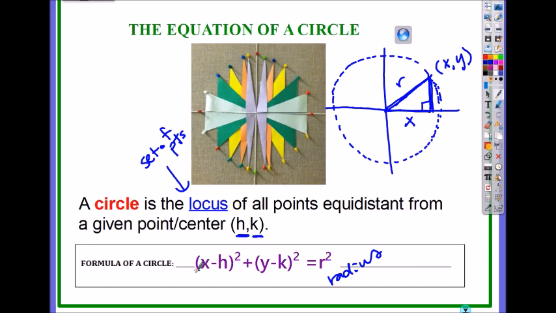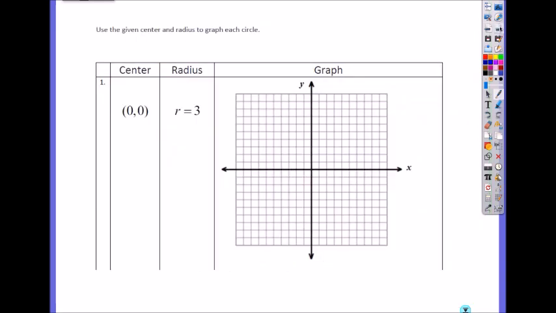That's exactly what this is. x minus h will be the distance from the center to your new x, squared, plus the distance from your center to your y, squared, and that will equal r squared. Okay? Let's try some example questions.